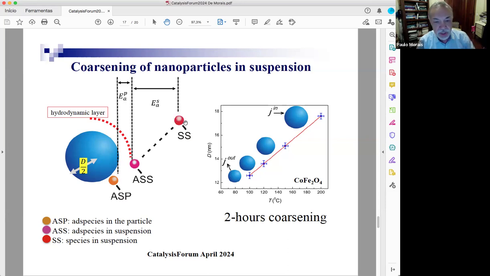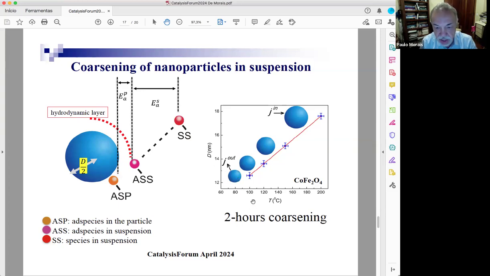So these are the three important details or species we can spot in this process. And if you see the data I showed you before from our own experiments, we can see the perfect linear behavior. So how do we understand this process?